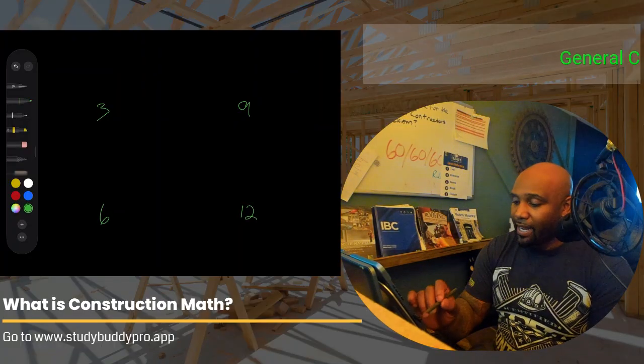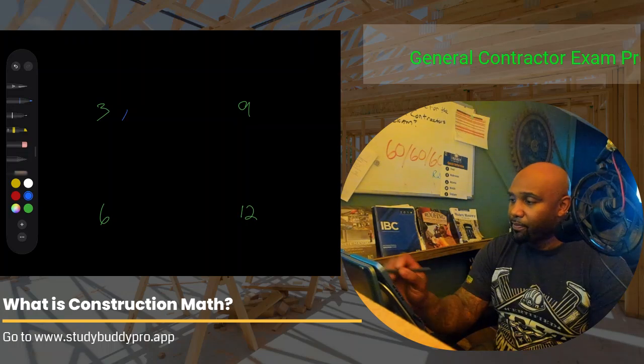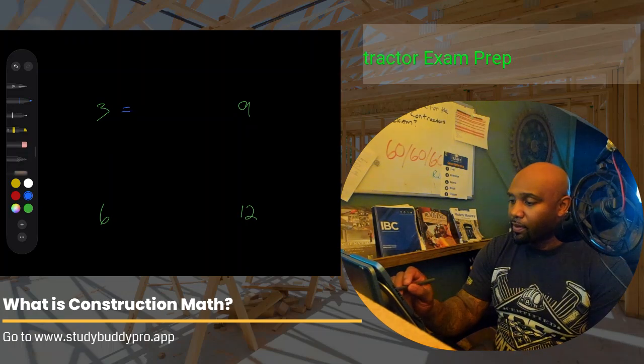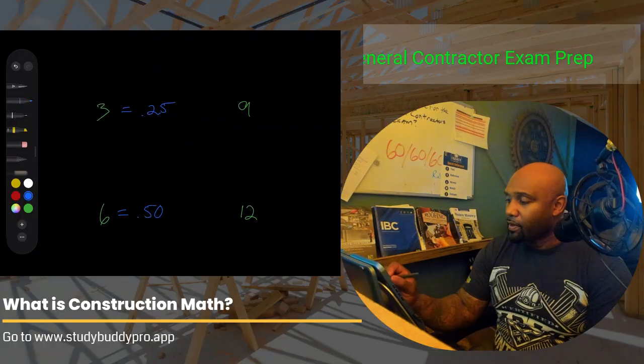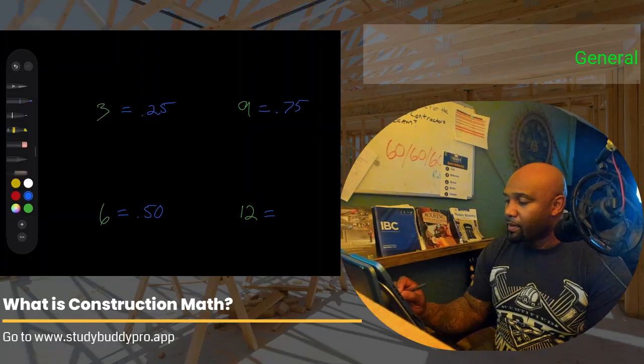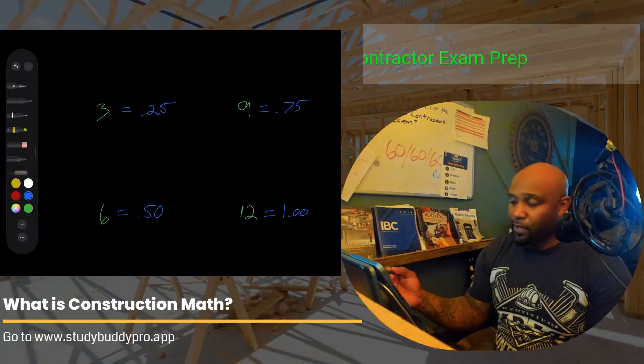Okay, and when I tell you that's 0.25, 0.50, 0.75, 1 whole, right? Which is 1 whole foot.